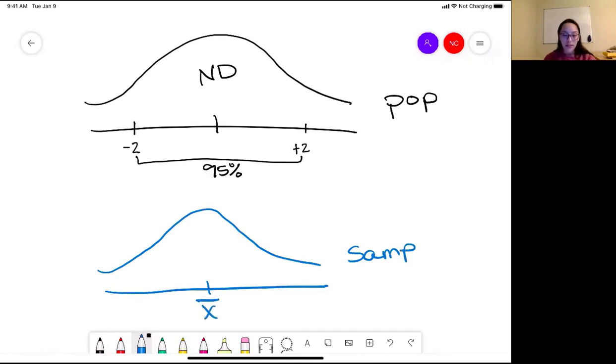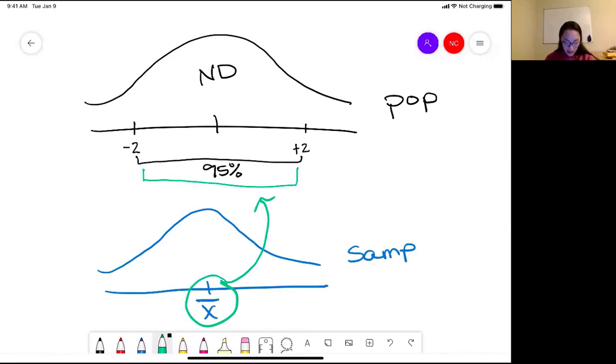Whenever we do inferences from a sample to a population, we would hope that this sample mean, if we threw it into the population, is located somewhere between plus or minus 2 standard deviations to consider this sample a subset of the population.